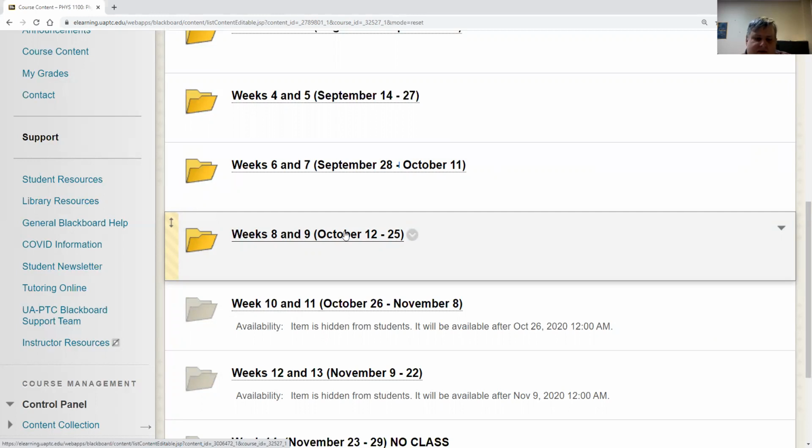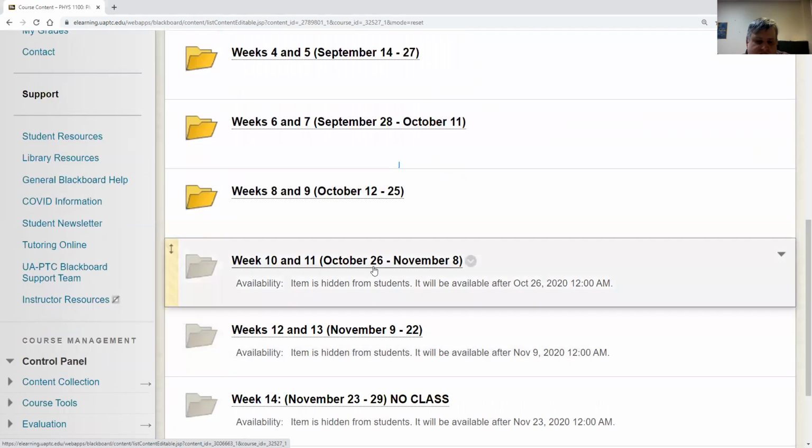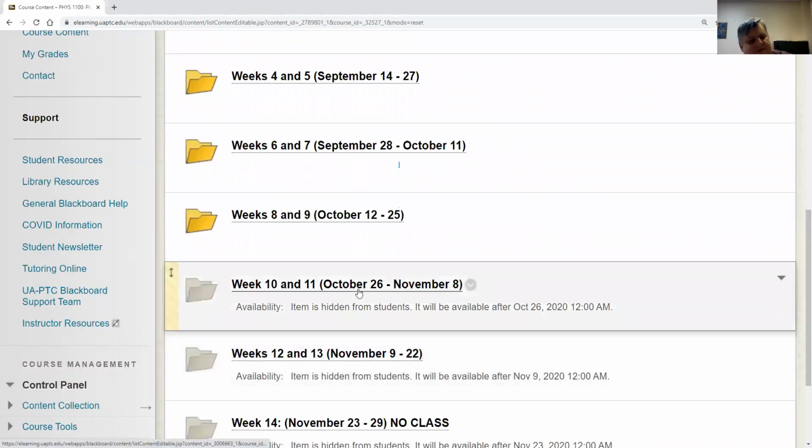I will accept late labs from this set of labs, but I'm going to count off a point for every 2-week period they're late. And then starting week 10 and week 11, you must have the labs in by whatever the last date is for the folder that they're in.